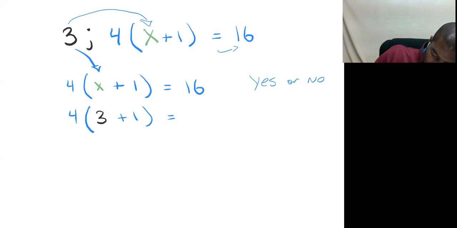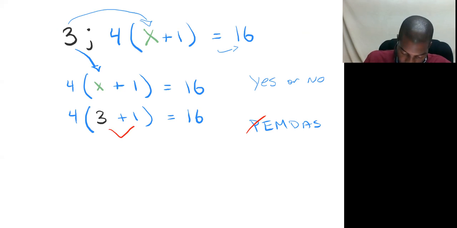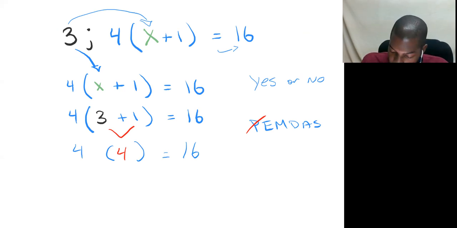Some of you can already see the answer here. I'm going to now consult PEMDAS. Let's do parentheses first. In my parentheses, I have a 3 plus a 1. That's going to be a 4. So I'm going to have 4 times 4. Does that equal 16?